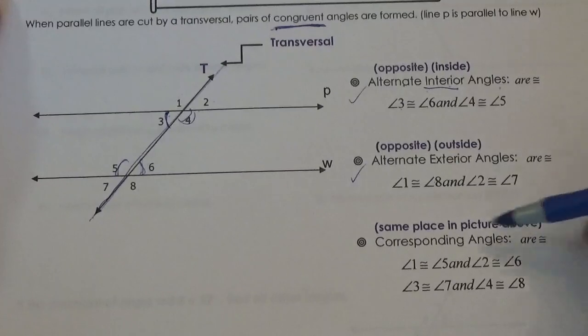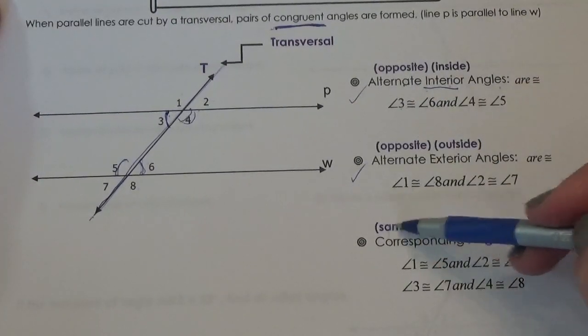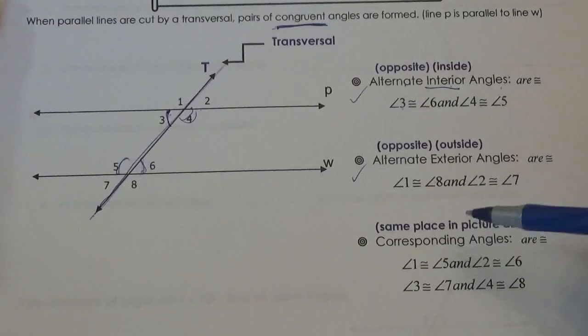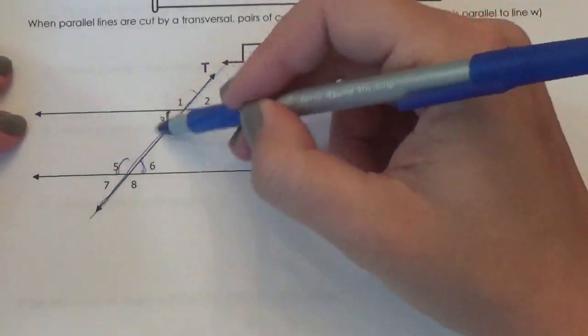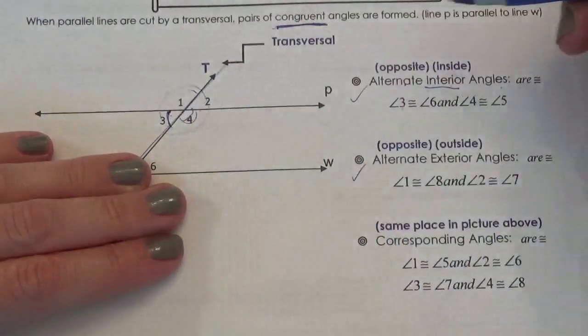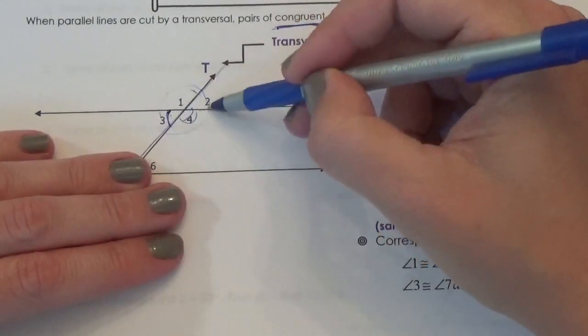The last one, corresponding. And it says same place. So corresponding, how do you explain that? It corresponds, it goes with it. So if you see this picture, ignore this right here. See how 2 is in the upper right hand of these 4?